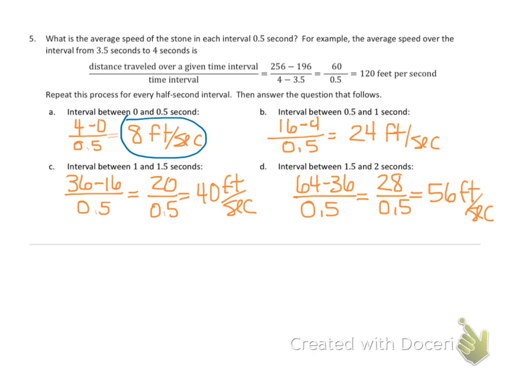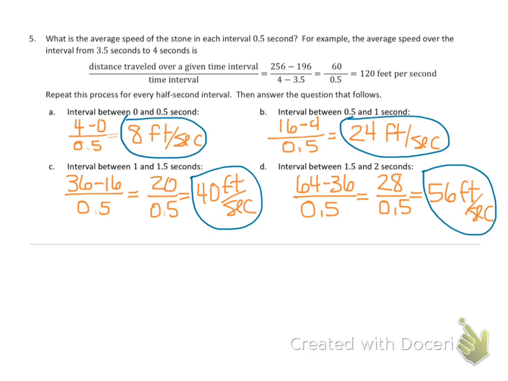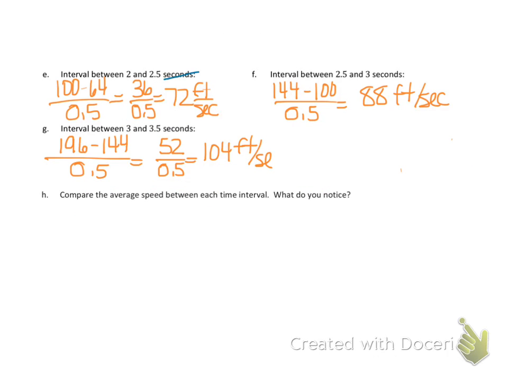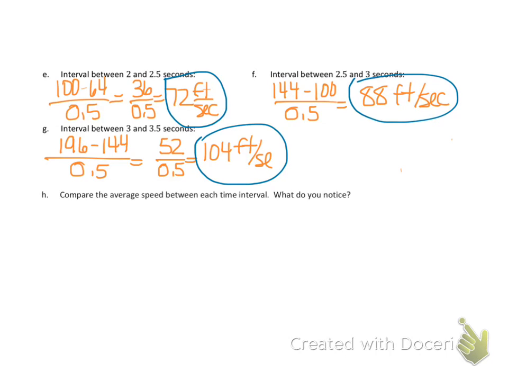We get 8 feet per second in that first interval. Then it goes up to 24 feet per second, up to 40, to 56. So see if you notice how much it's increasing each time. 56 to 72, to 88, and then to 104.